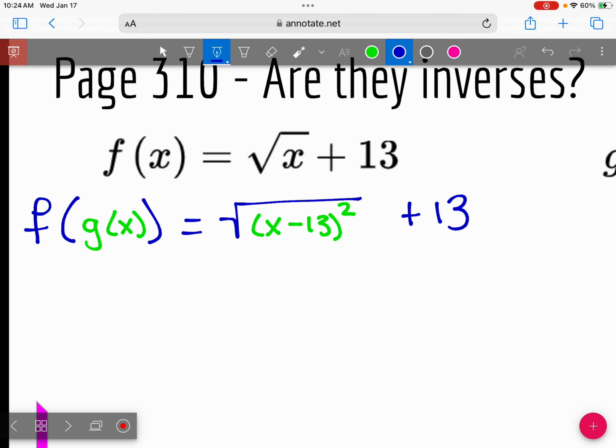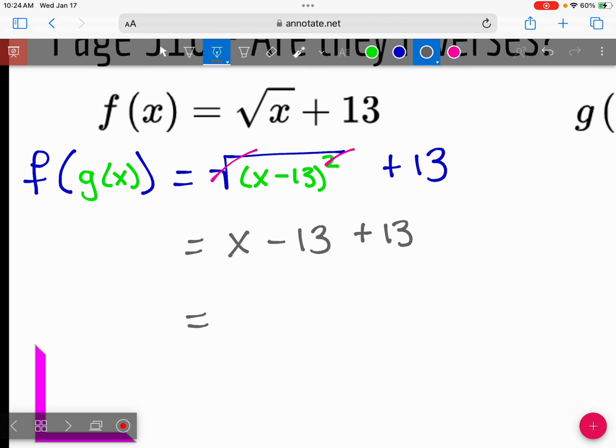What happens when we come in to simplify? Perfection. The square root and the square cancel out. We're left with just our x minus 13 plus 13. And then the 13s cancel, and we're left with just an x. So we've got a chance here. f of g of x equals x.